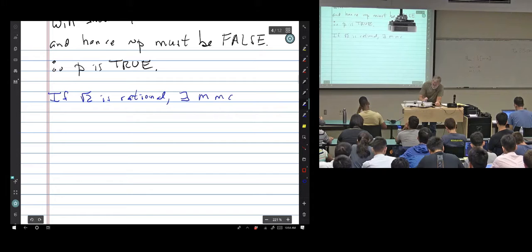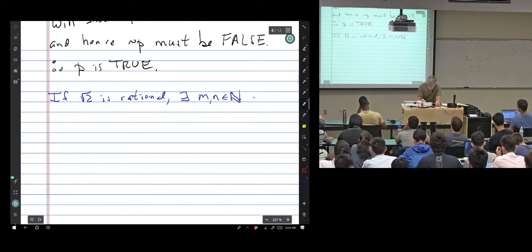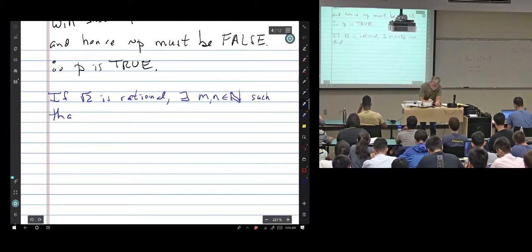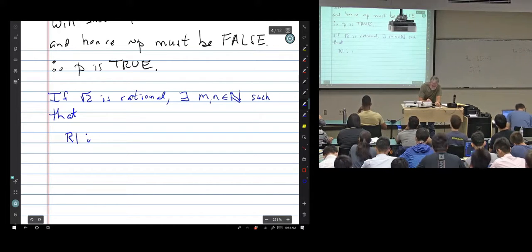There exist m and n natural numbers such that two things are true. I'm going to call the first one R1. M and N have no common factors.